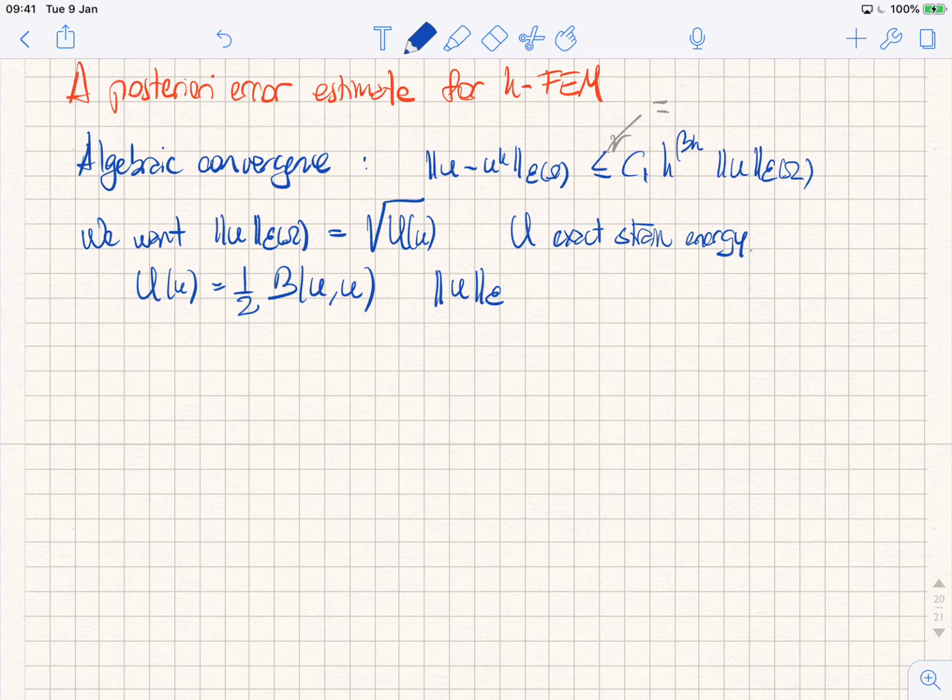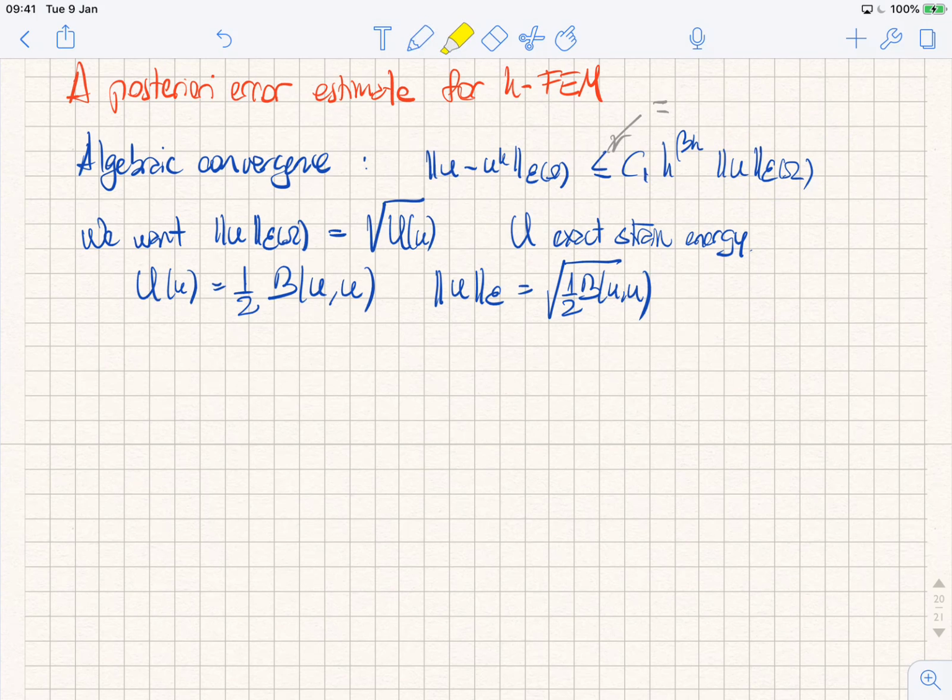And if you remember, U, as a function of the solution, can be written as 1/2 of the bilinear form applied to u and u, and this norm is then equal to the square root of 1/2 of B(u,u). So now we have basically this. Okay.